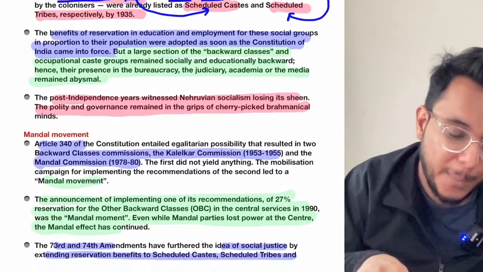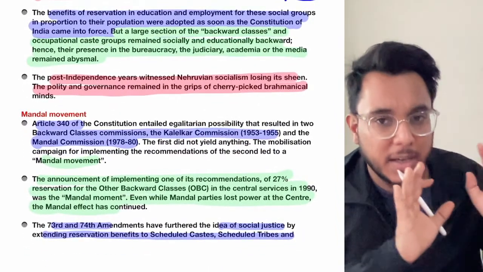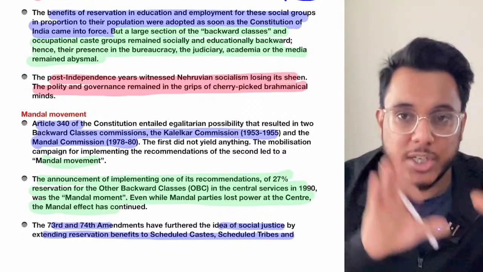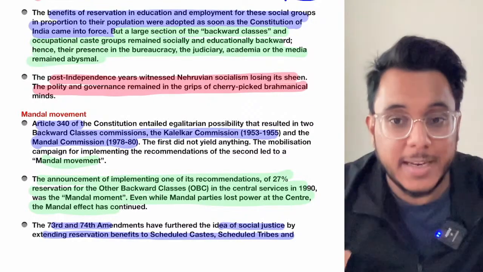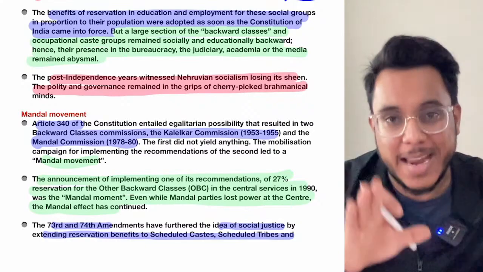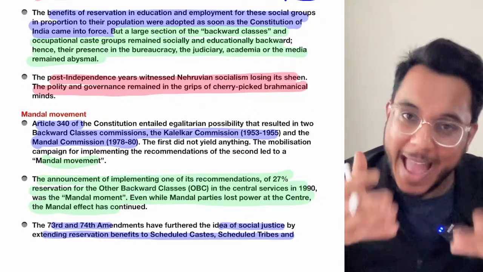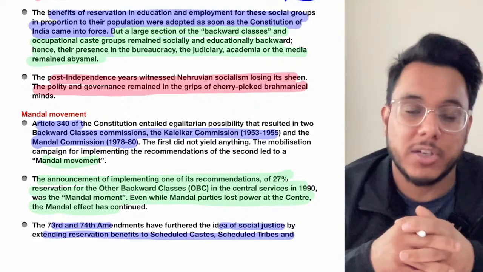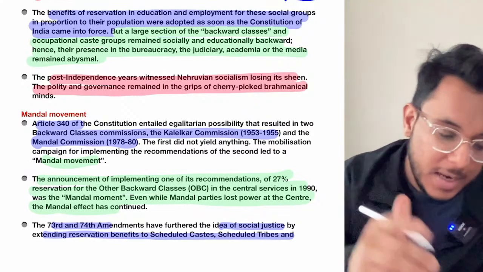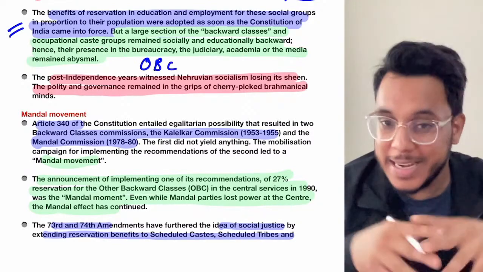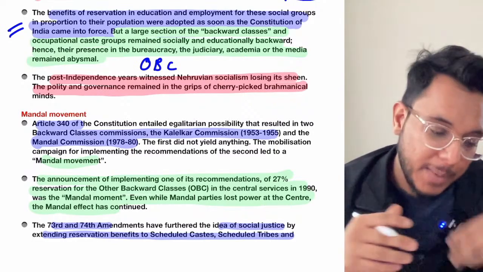Right after 1950, the Scheduled Castes and Scheduled Tribes, in order to remove their historical injustice, were given the benefit of reservation. The Constitution Order of 1950 directly provided reservation to the Scheduled Castes. Fine. But what about the OBCs? What about the other backward classes? They did not get any benefit just after independence.